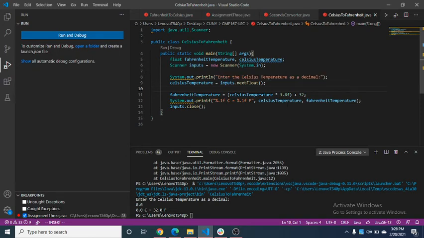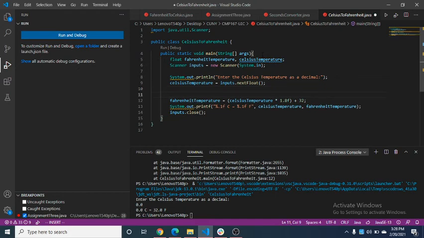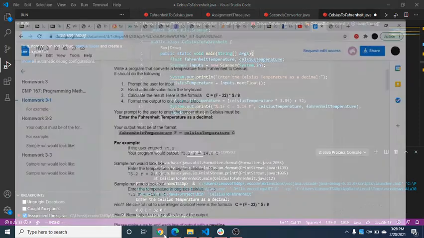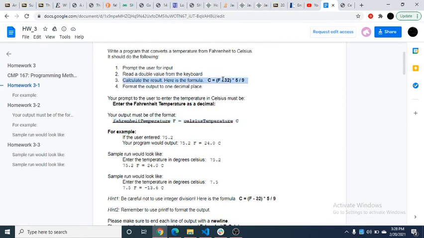So all this logic that I'm using here is the same logic that you would use in the other assignment. But there's one thing I need you to remember. For the homework assignment, look at the equation. This is the equation right here for the homework assignment.